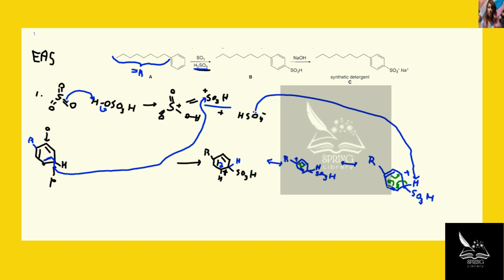So number one, you reformed aromaticity in your benzene ring, but number two, you neutralize this carbocation intermediate. And in the process of that, not only do you reform your benzene ring, but you also reform your acid catalyst.